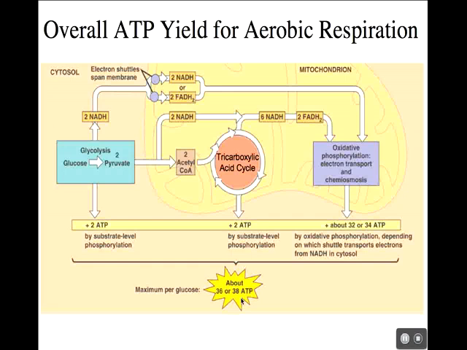So I would definitely expect that you would know how many ATP are made in aerobic respiration, but also how and where and which cycles make the most, those sorts of questions. So a total of 38 are possible. Now, not always do you get 38, but in theory, you could get as many as 38 ATP for every 1 glucose that enters into the 3 steps of aerobic respiration.